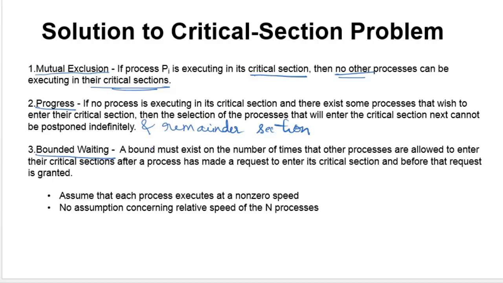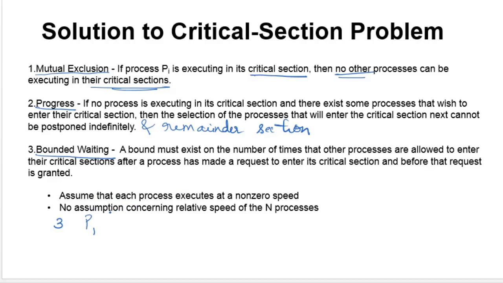I repeat, there will be a bound on the number of times that other processes are allowed to enter their critical section after a process has made a request to enter its critical section and before that request is granted. Just to make you understand, let's say the limit value is 3 and P1 has requested to enter the critical section.